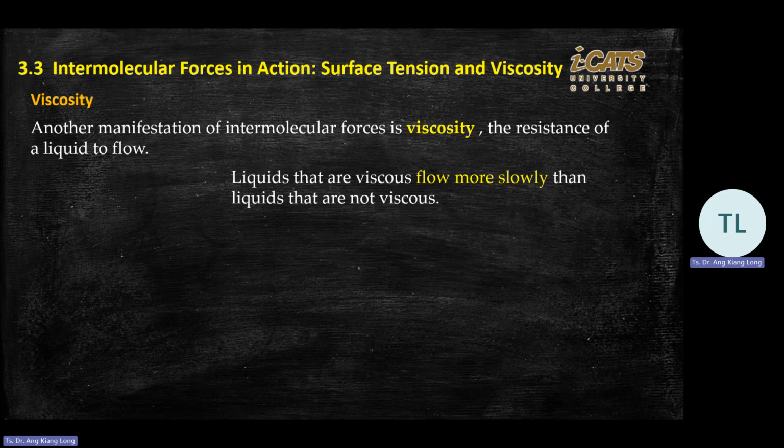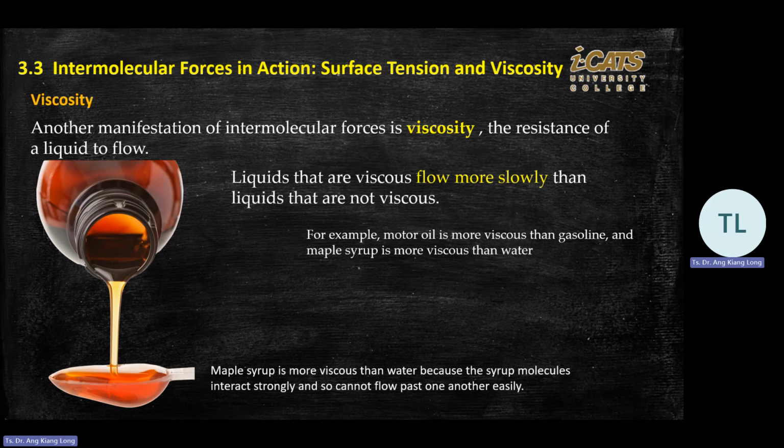More viscous means slower. Motor oil is more viscous than gasoline. Syrup is more viscous than water. Okay, so you see, if you use the word more viscous, it means it flows slower. Right.